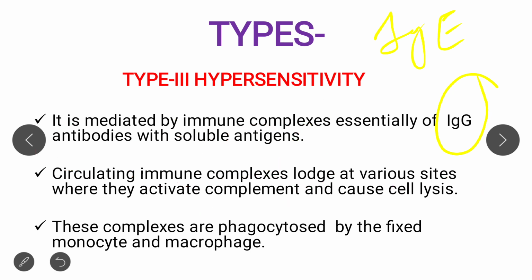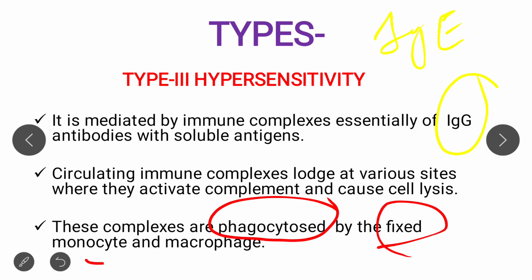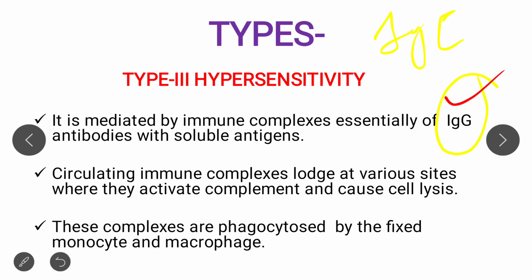Next, the complexes are phagocytosed by the fixed monocytes and macrophages. So type 3 hypersensitivity is first mediated by IgG.